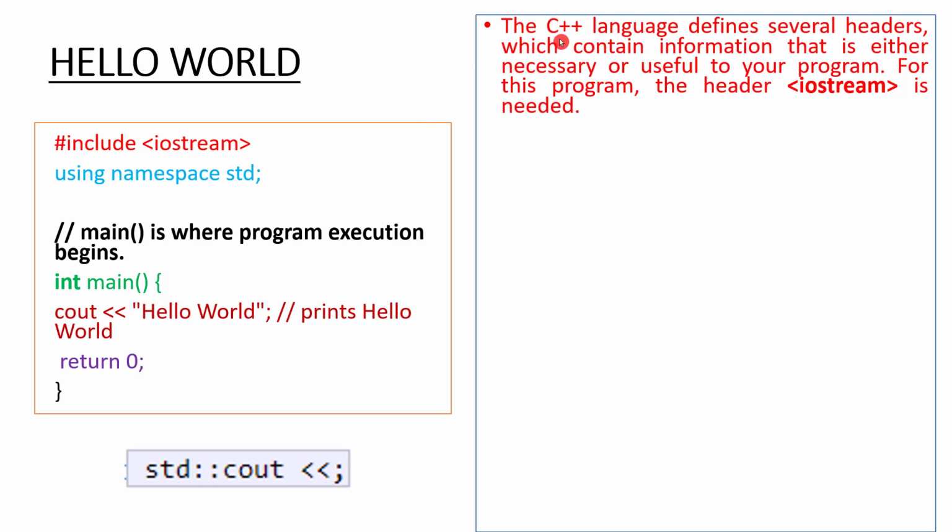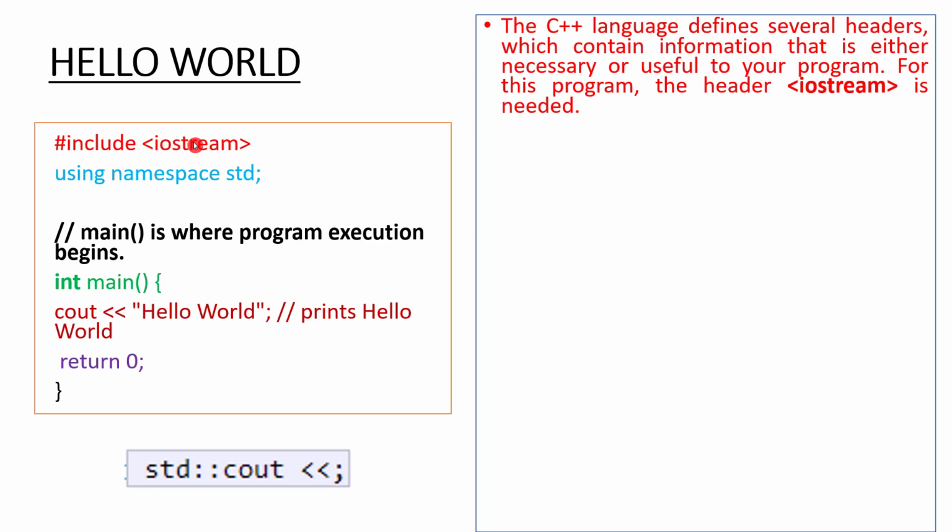So we have hash include iostream. Here iostream means input output stream. This is a common heading to start every program written in C++. This is a way of writing it. Hash include is very common, and there are many options to replace iostream also, but iostream is a very common one.